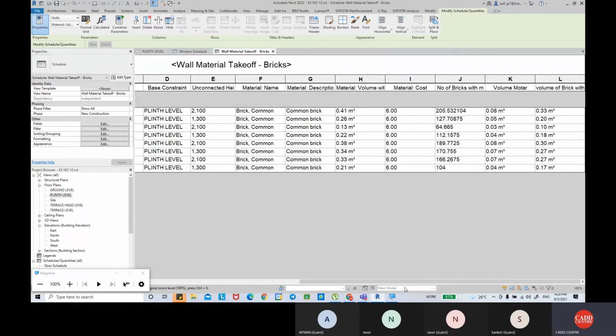Now we need to find the net number of bricks that is going to be used. So again we'll create a field formula.